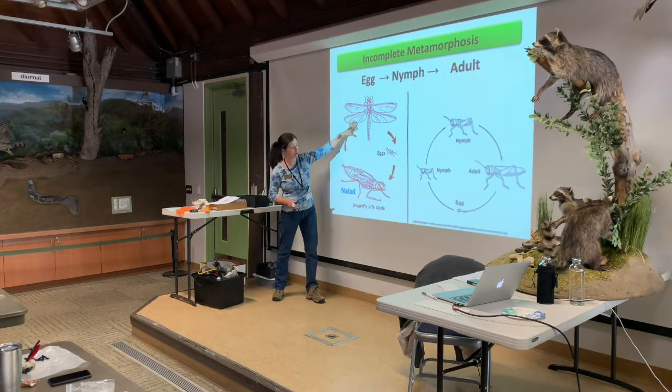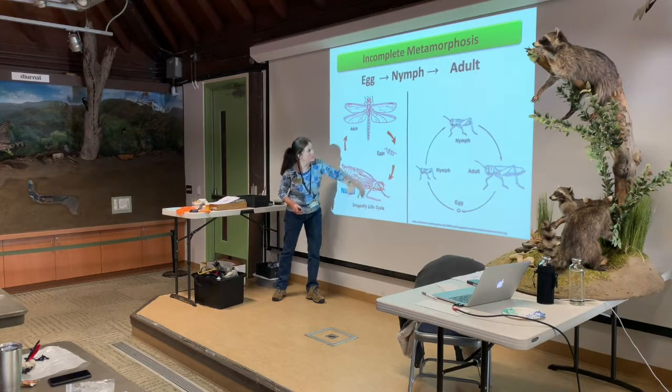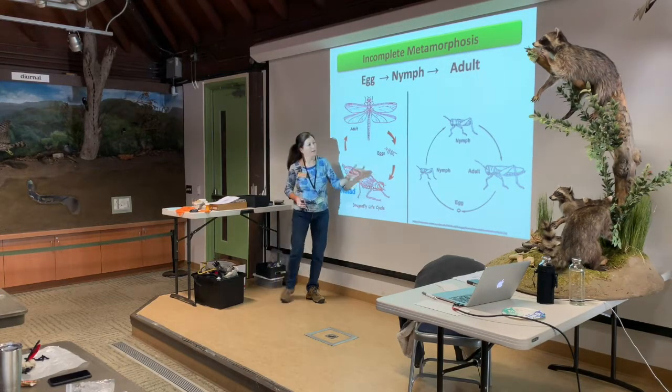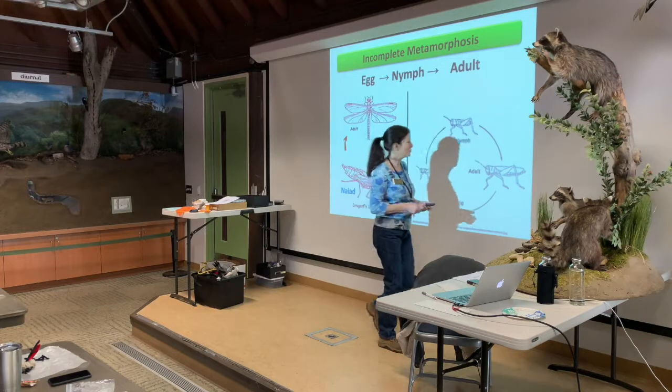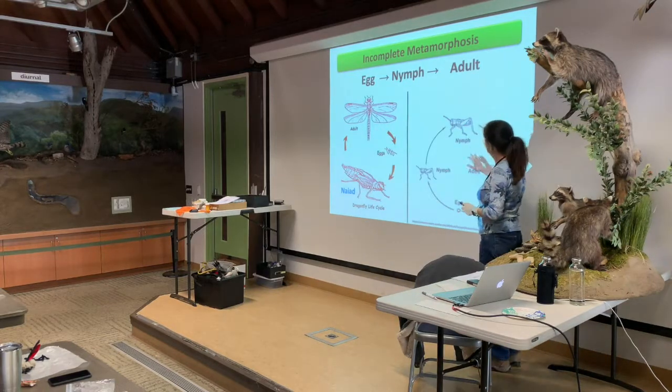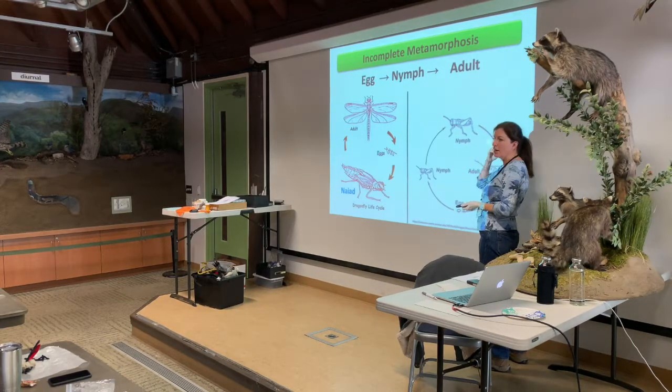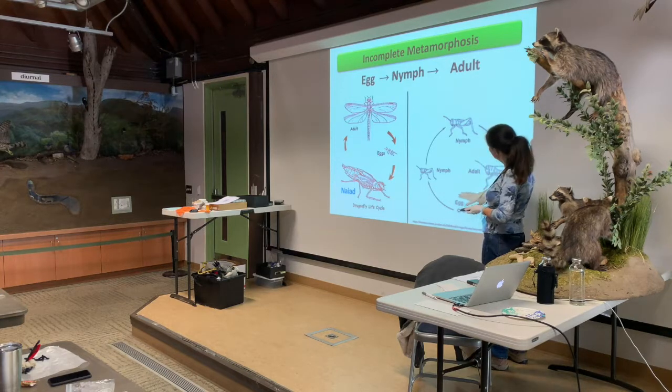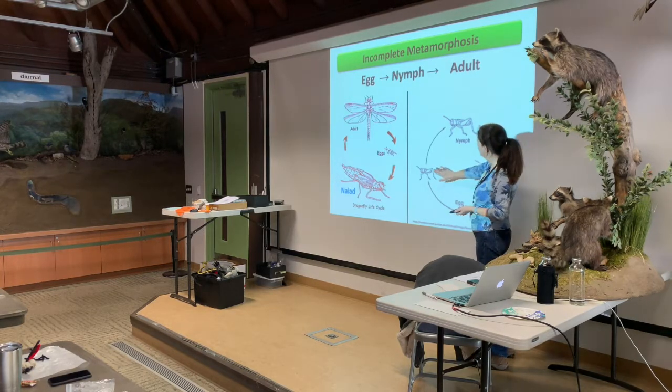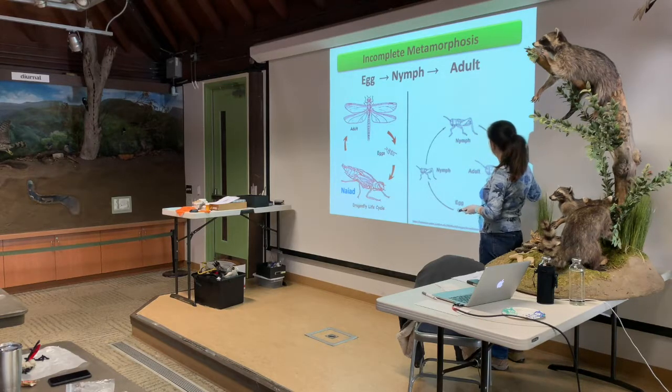So it looks similar. You know, you can see the wings and the body, and the head looks similar. Another insect that goes through the incomplete would be something like a grasshopper. So we have an egg, and then we have the nymph, and it goes through a couple molts until it becomes the adult.